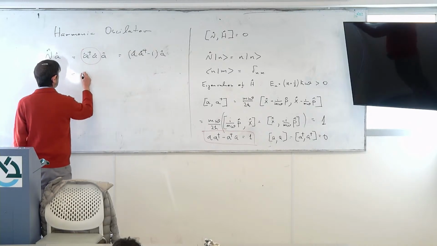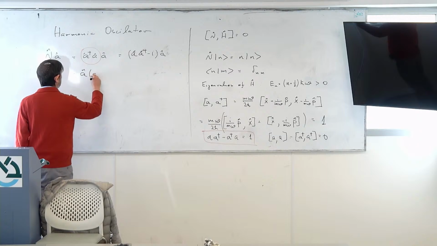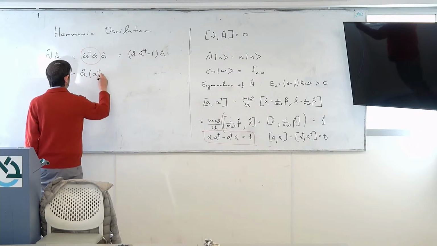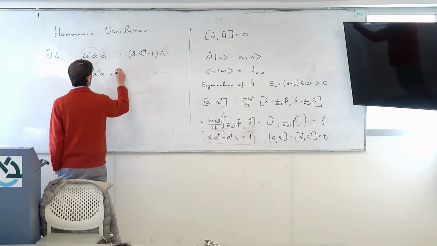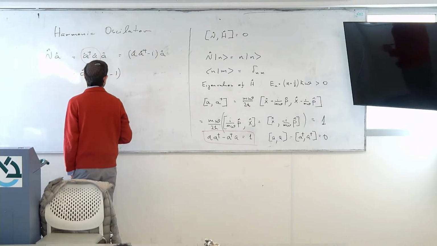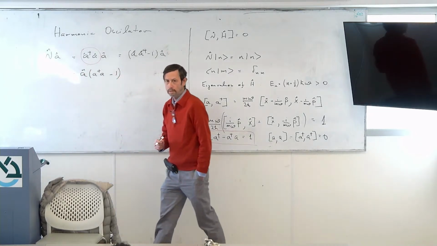Basically, I got here A times A dagger A minus 1.